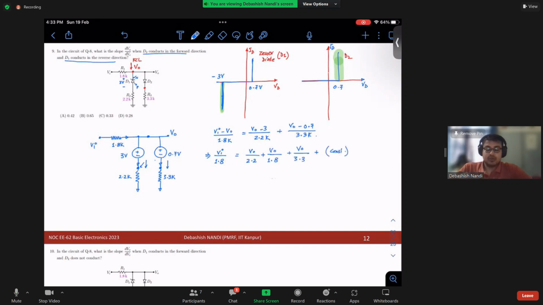If I do the calculation quickly, 1 over 2.2 plus 1 over 1.8 plus 1 over 3.3 is equal to Vi.